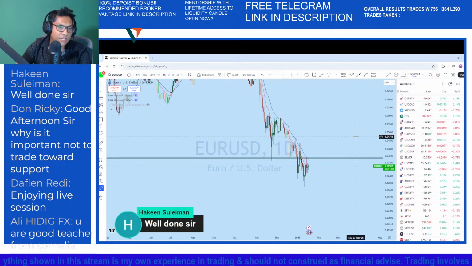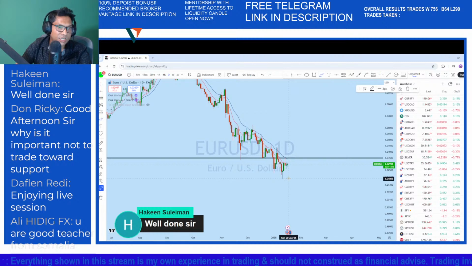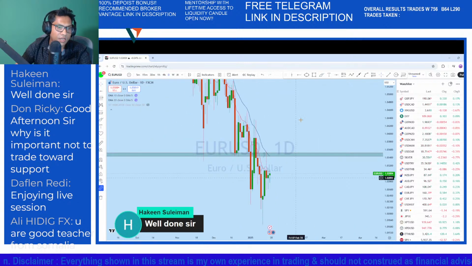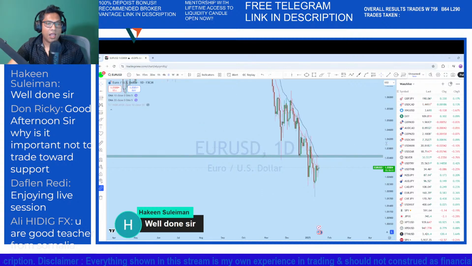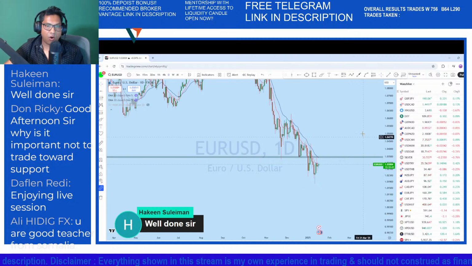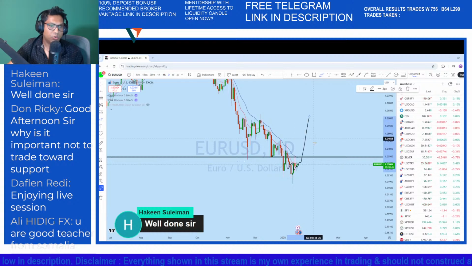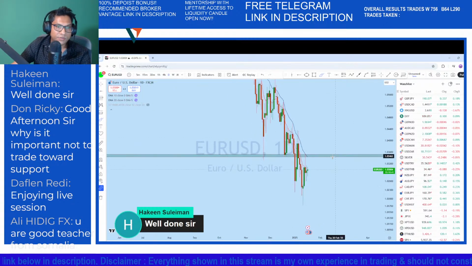Looking at the daily on EUR/USD, what I think we might see is a potential inverted head and shoulders. If we see that it has formed that inverted head and shoulders, we can expect a bounce to the upside potentially.